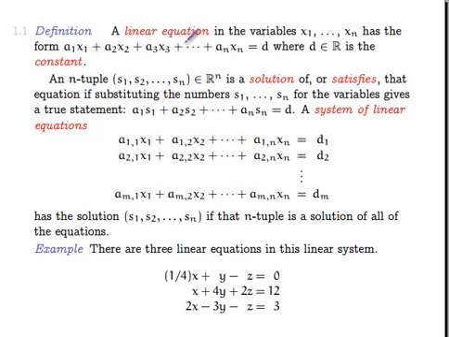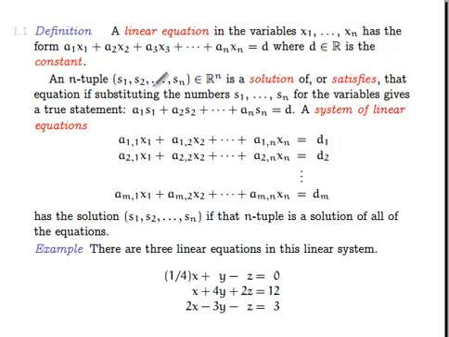Okay? A linear equation has the following form. You have a linear expression on the left, a linear combination of variables on the left, and on the right you have a constant. Okay? Now, if we have an n-tuple, I think you are familiar with the term vector.